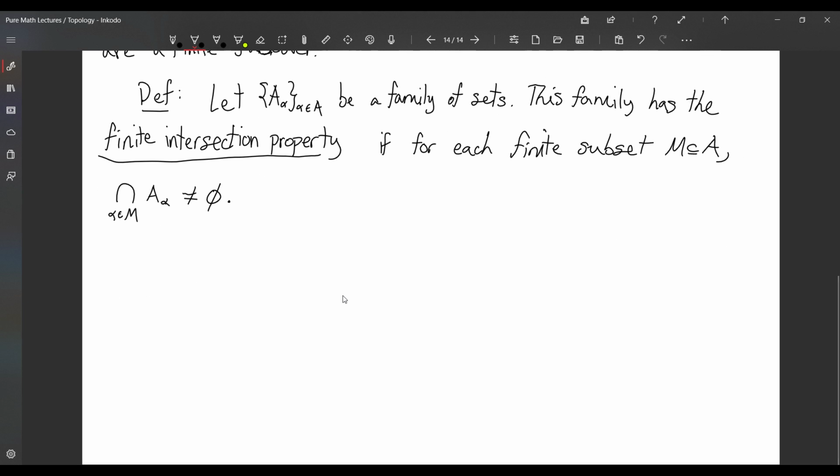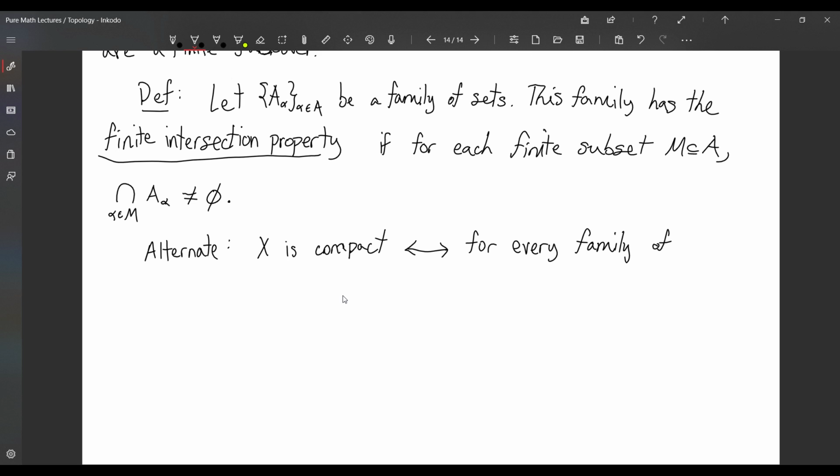Now, we can use this for our new formulation. Alternate formulation of compactness.